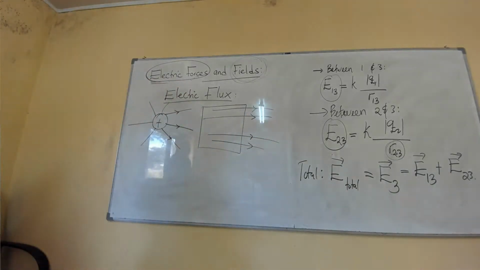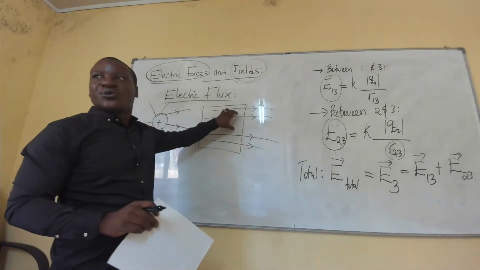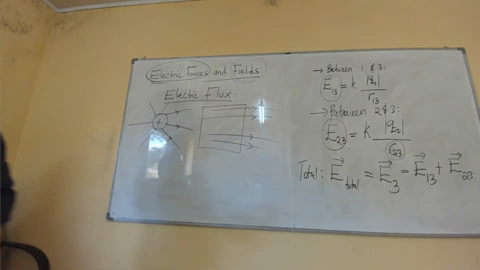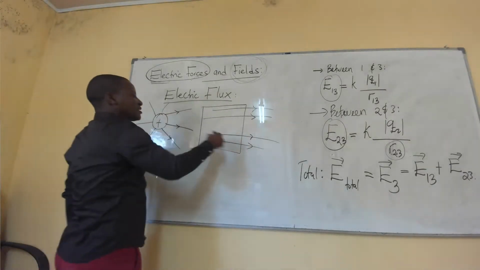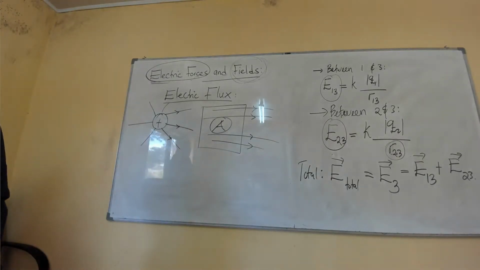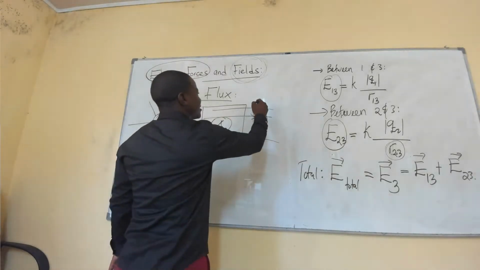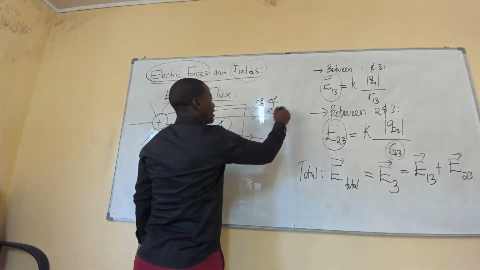Now, what you need is to find how many lines are actually passing through a unit area in a given period of time. So we consider the field lines that are penetrating an area A. If the whole lot of this area, we call it A, then from there we have the number of electric field lines.